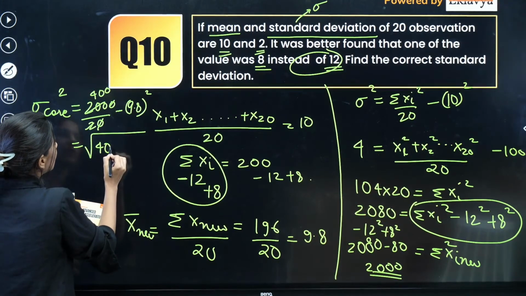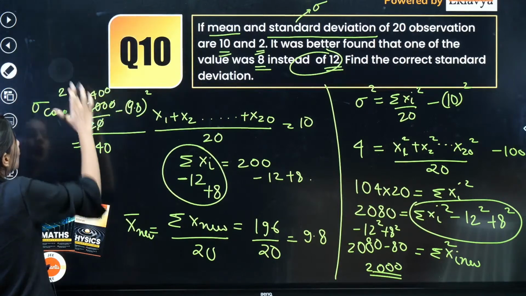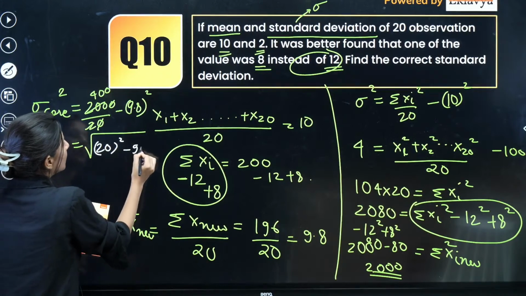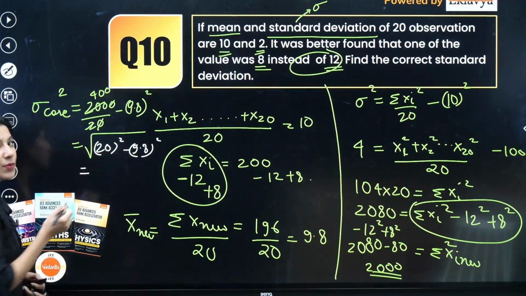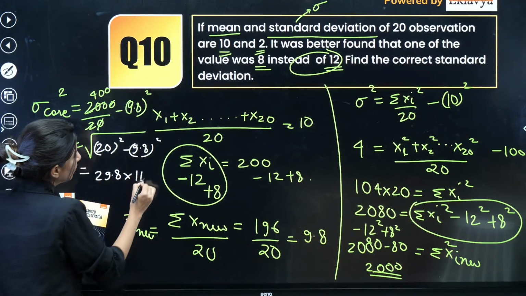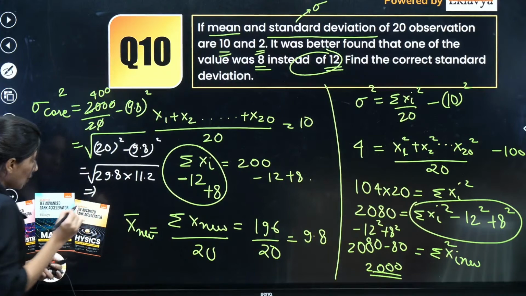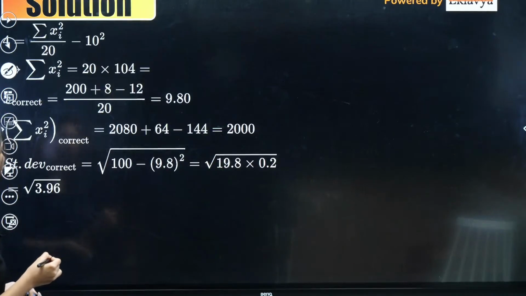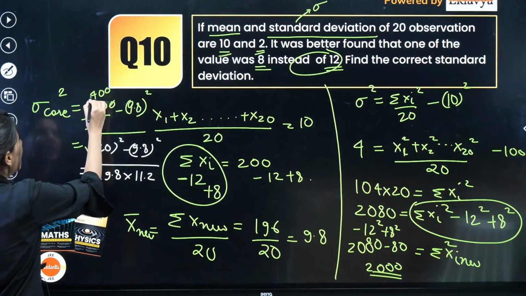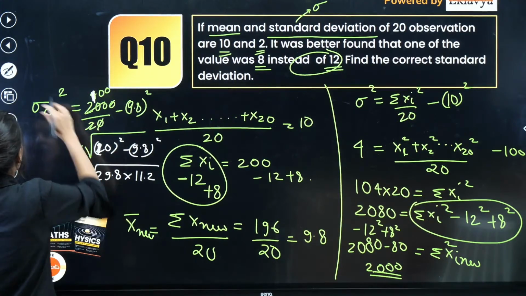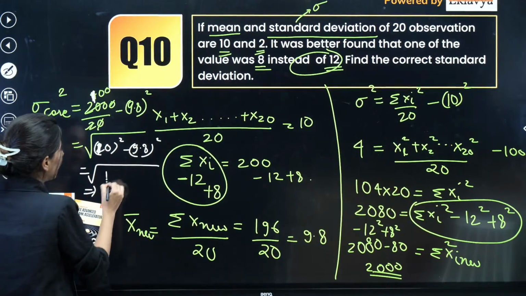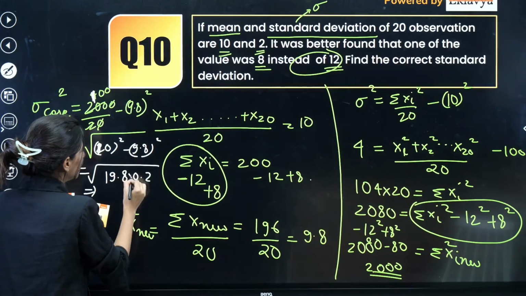Please don't forget to take the root of it. So 400 is 20 square minus 9.8 square. So 20 plus 9.8 is 29.8, multiplied by 20 minus 9.8, which is 10.2, under the square root. Let me redo the final calculation: it is 10 plus 19.8 into 0.2 is there.